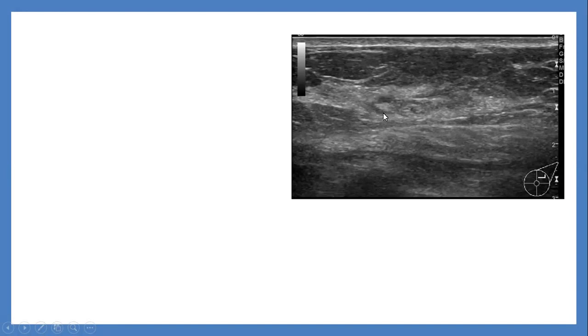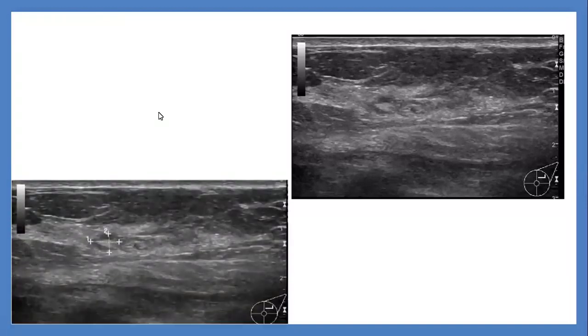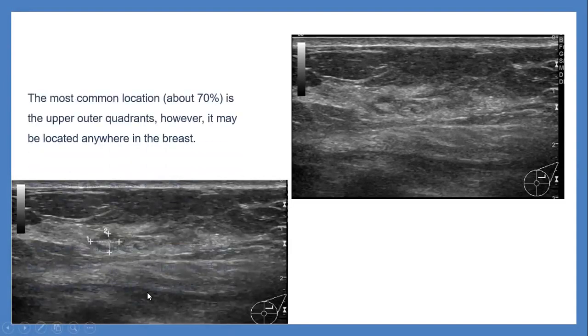That is why it's difficult to appreciate, because the fatty hilum is usually iso to fibroglandular tissue, and sometimes the hypoechogenicity of the cortex is a little bit iso to the fat globule. So sometimes it's difficult to appreciate, but that is the lymph node measured here. You see a small intramammary lymph node within the fibroglandular tissue.